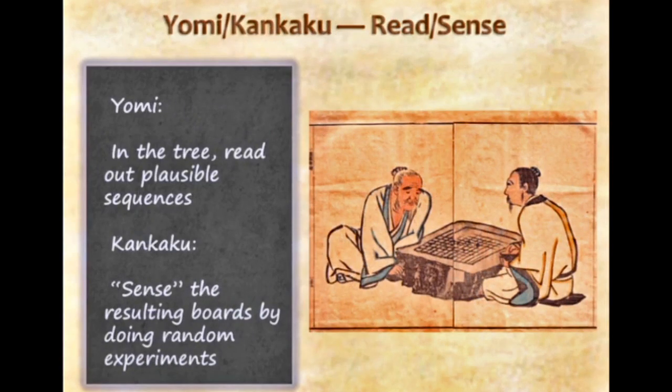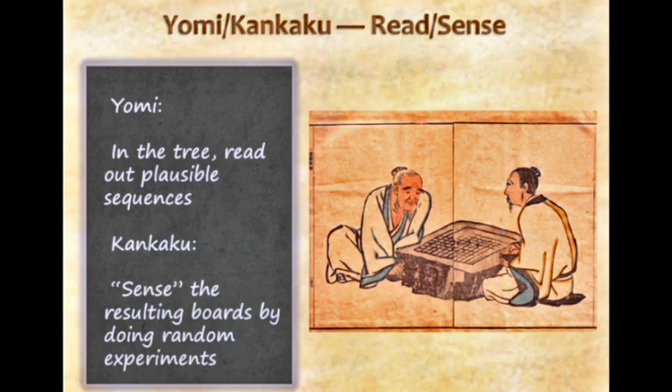This idea is a very interesting way to look at the whole picture, and it was pointed out by Yamato, who is the main author of the Go program Zen, the strongest nowadays. He used the Japanese words Yomi, which means reading, for the tree search, and Kankaku, which is feeling, for the evaluation from the playouts. Note that the engine is not doing something so different of what humans do.